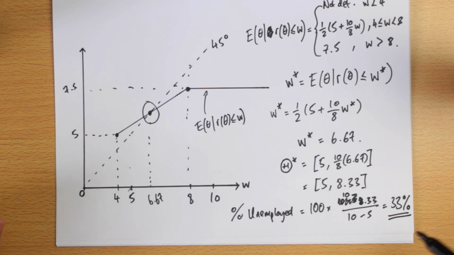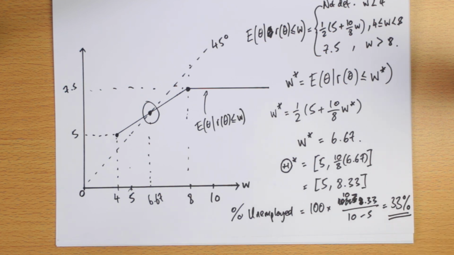Two things to point out. One is that unemployment is incredibly high here, and we know that if there was perfect information in this market, there would be full employment. So all of this unemployment is purely a result of asymmetric information. The second comment is about the type of unemployment here. This is not just any old people being unemployed.